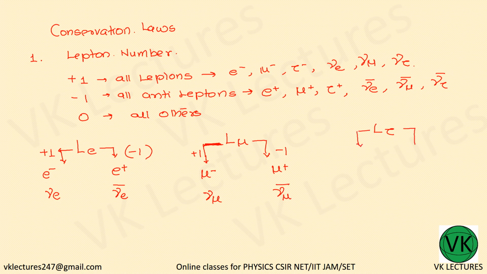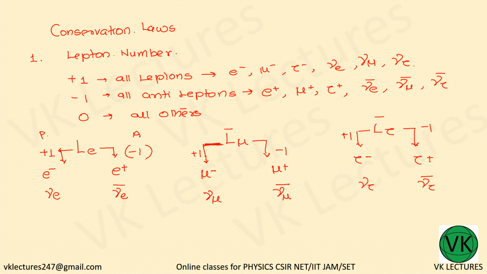And here you have +1 for tau minus and nu tau, and -1 for tau plus and nu tau bar. So on the left side you have the particle and on the right side you have antiparticle, in all these lepton numbers.